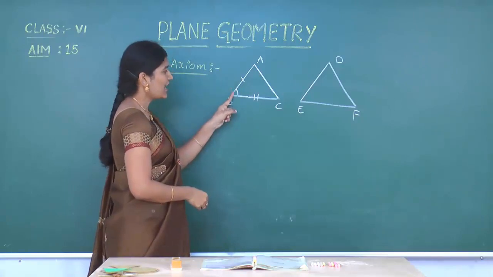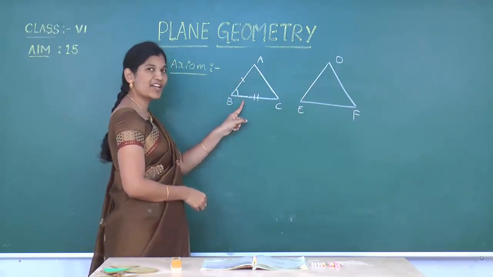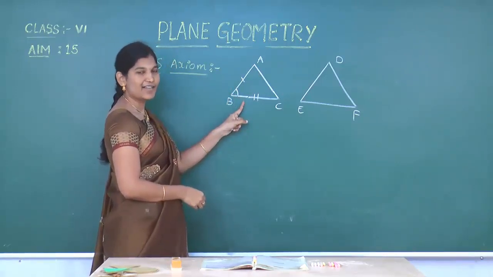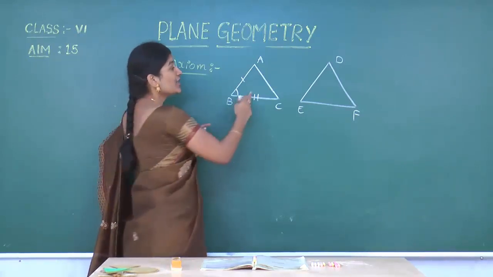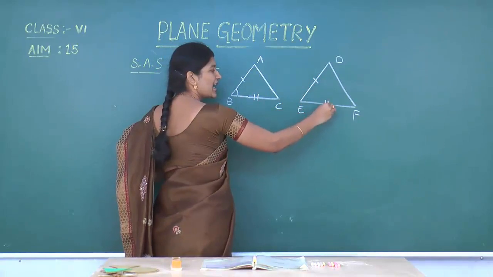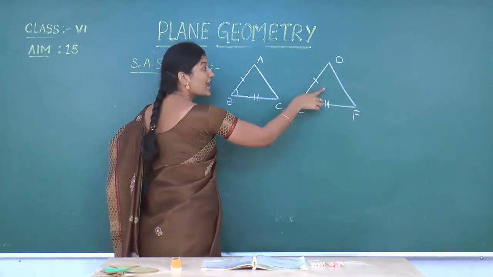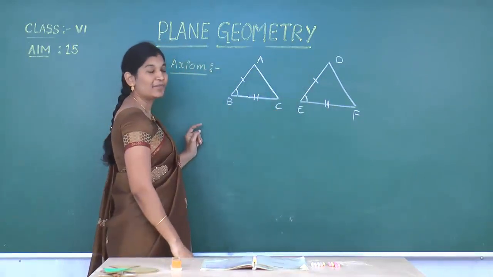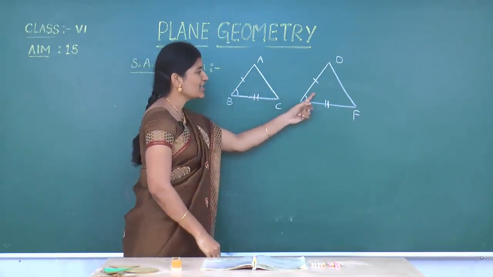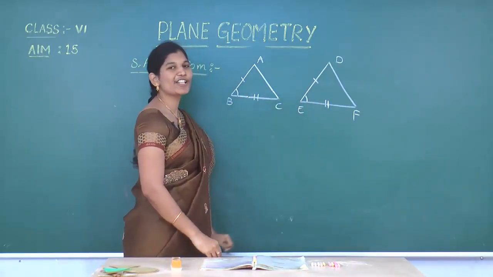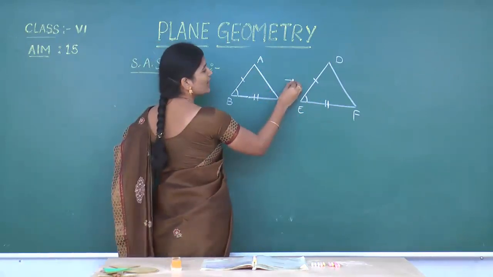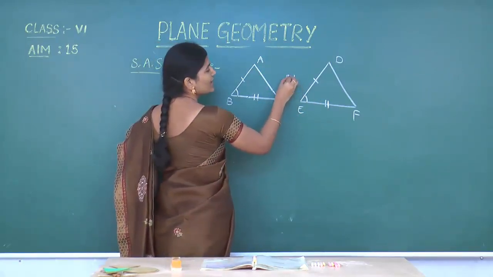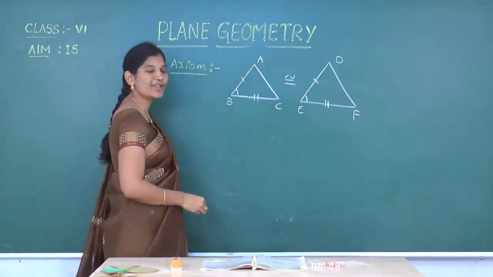Two sides and included angle of one triangle are respectively equal to the corresponding two sides and included angle of another triangle. Then we can say these two triangles are congruent to each other. The congruency symbol is this one.